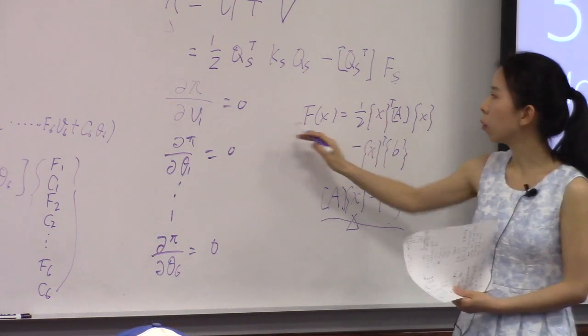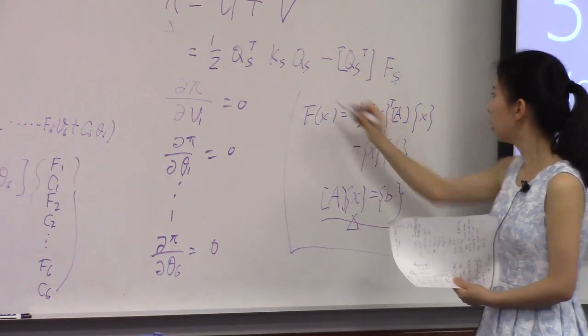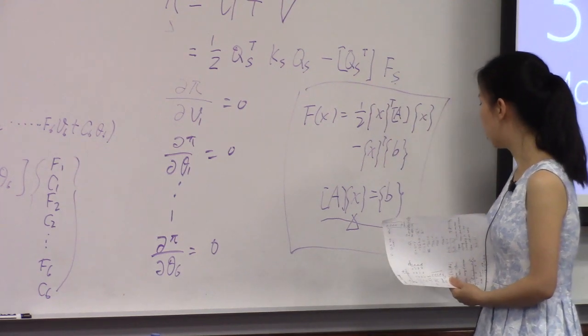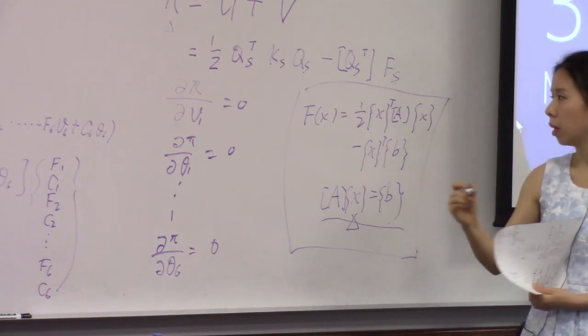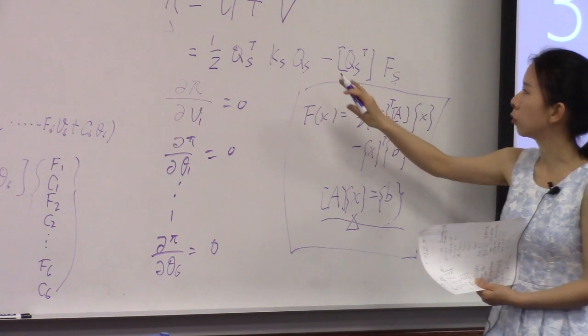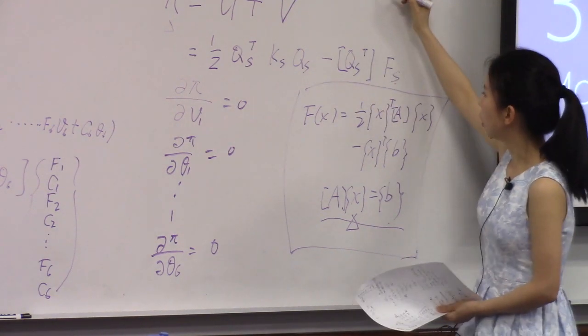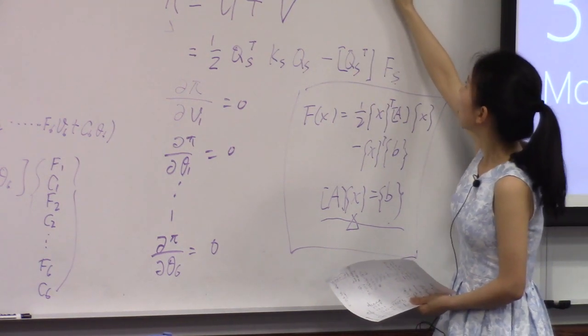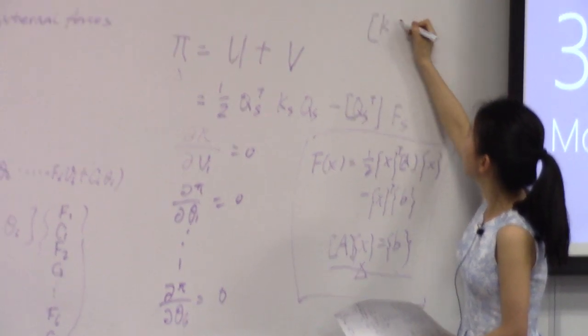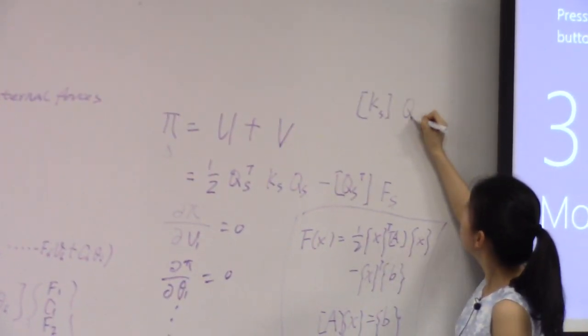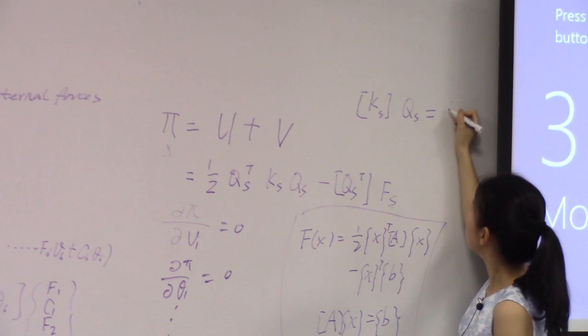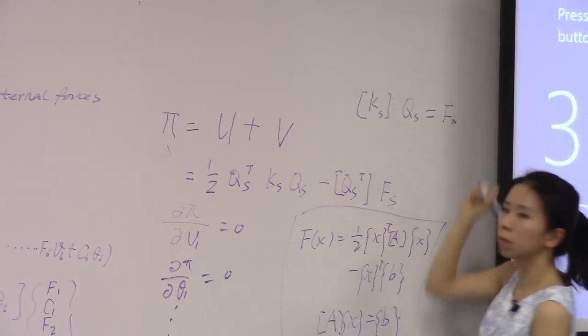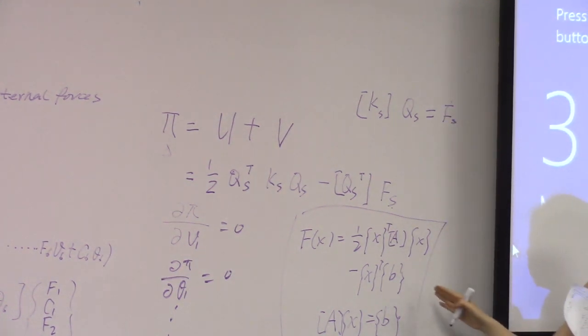And the same here, we can use this. This is the mathematical equation in chapter 0, and we can apply it here. So this equation should look like K Q equal to F, right?